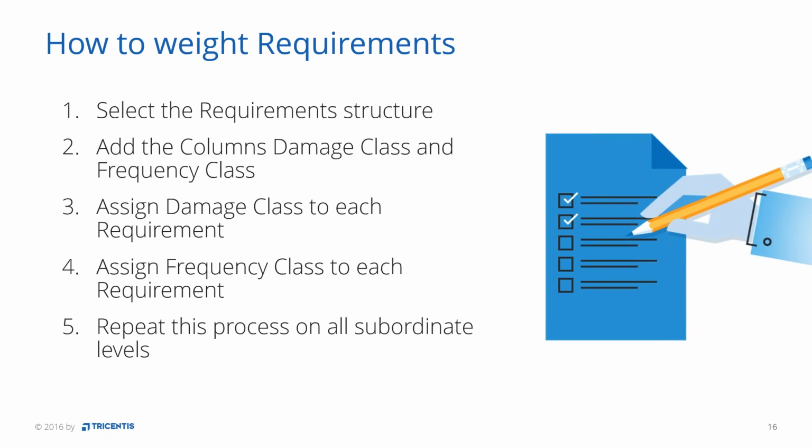Number two, make sure that you have the damage class and frequency class columns visible in the section so you can actually do it. Then the next step is to assign the damage class to each requirement, so potential damage. Then number four, assign the frequency class to each requirement and complete that for all subordinate levels. All requirements require this, so you need to do it all the way through.